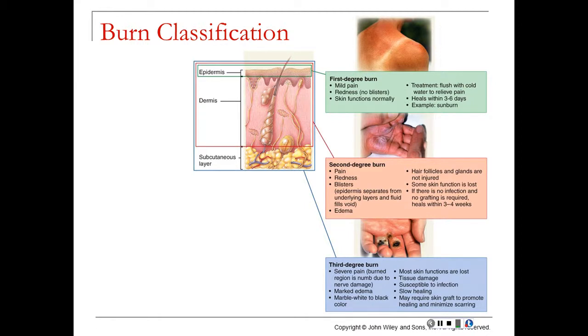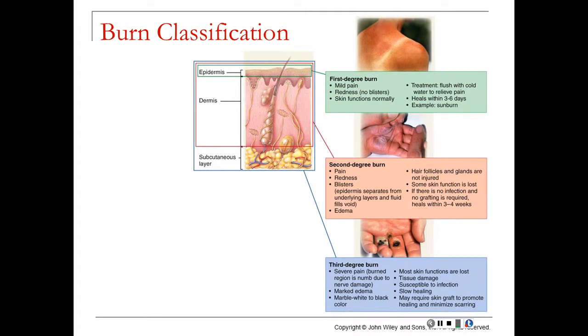This is severe pain. However, the pain stops after the burn has taken place. So while you're burning, it is very painful, but afterwards it may not be as painful depending on the degree of burn, because your nerve endings have been damaged, so they're not sensing the pain anymore. Lots of swelling. Your skin can turn black or white because of the degree of charring that takes place.